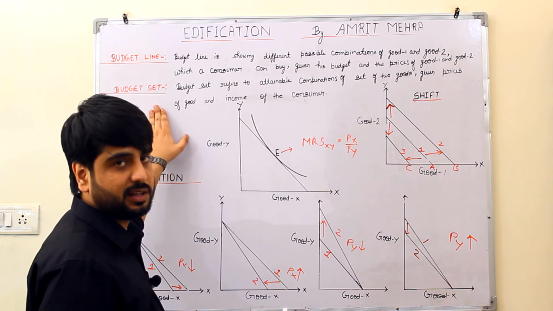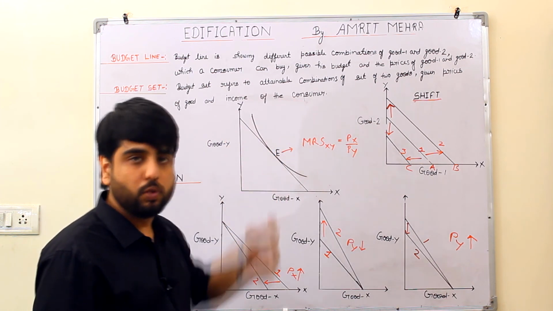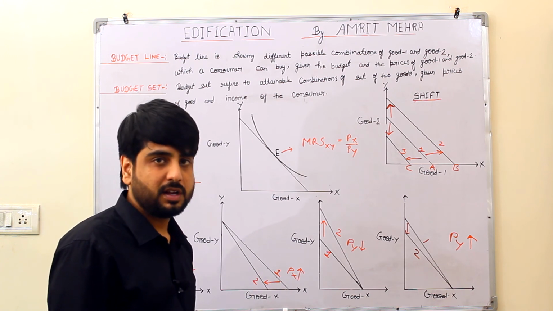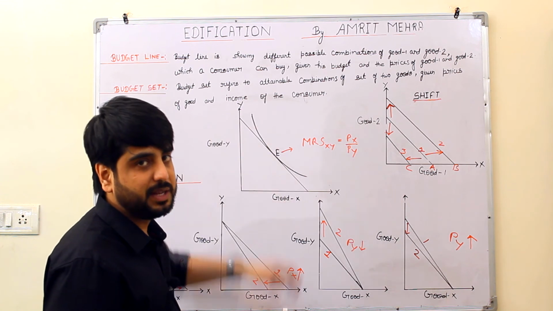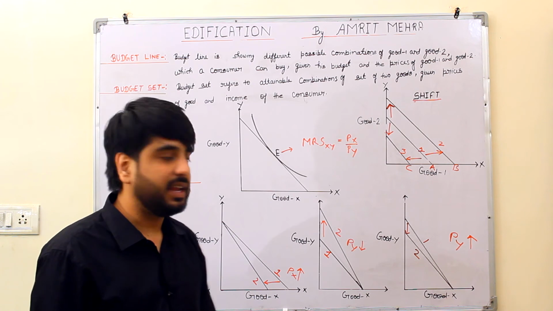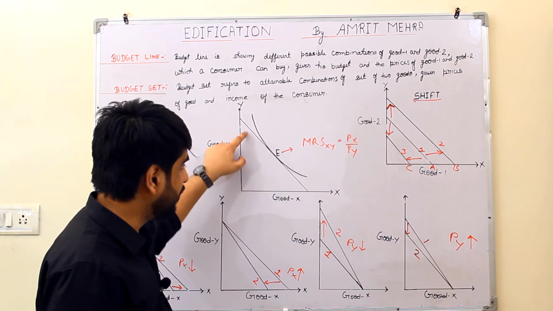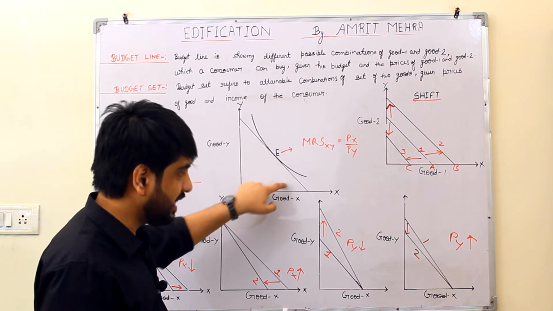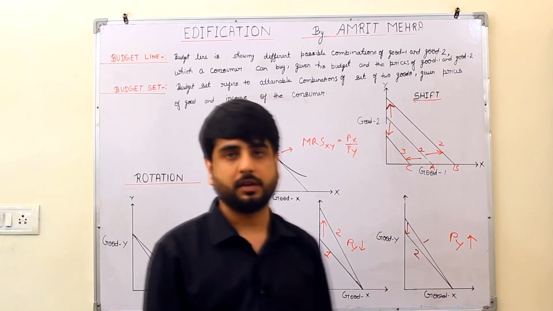Whereas the budget set refers to attainable combinations of the two goods given that the income and the prices of goods are already mentioned. So if I have to talk about a budget line, I would take a line, but all the possible combinations which are under this line are referred to as the budget set.